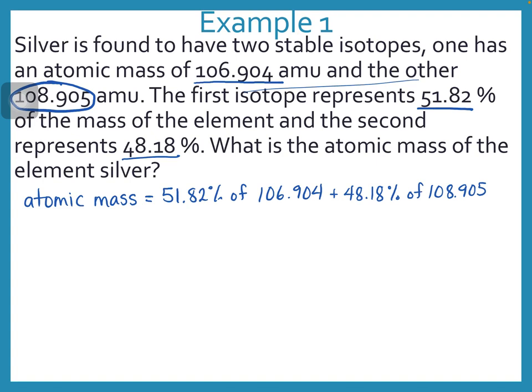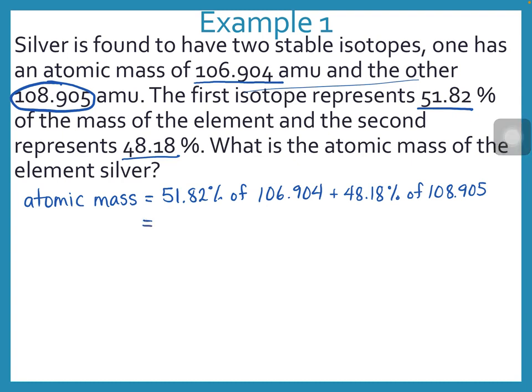So this is how we calculate the weighted average. I am making the worth of this mass slightly more than the worth of this mass because there's slightly less of the overall sample made up of this mass. So this is how we do weighted averages.